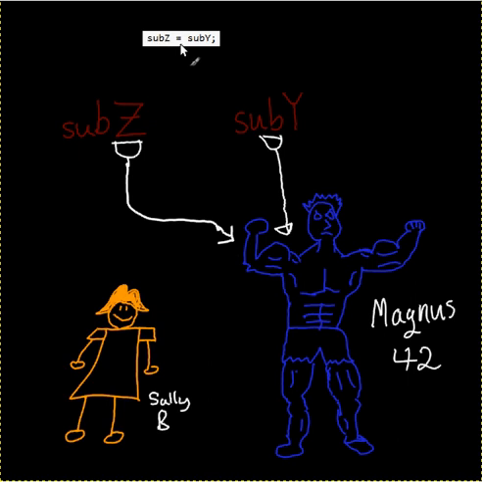So sub z equals sub y says, "Sub z, you are now an object reference for Magnus." You're now an object reference for whatever sub y is an object reference for, which happens to be Magnus.